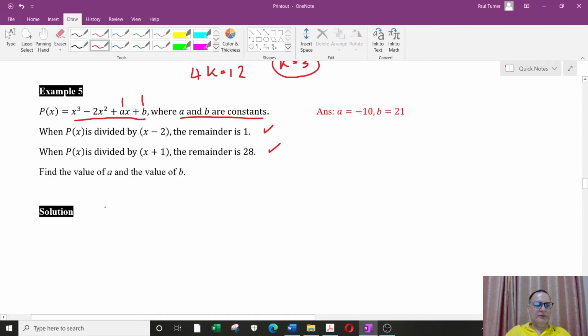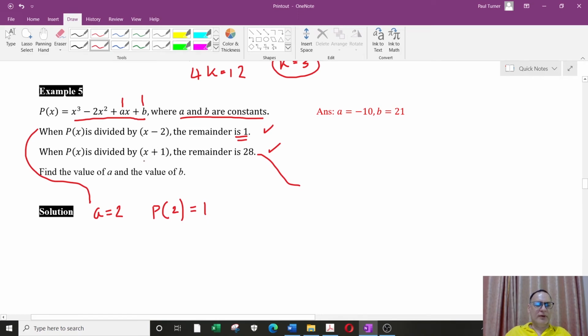So the first one here, the a value is 2, x minus a will equal 2. And it's telling us the remainder is 1. So that means that if you put 2 in your polynomial, you'll get 1 for the answer. For the second one, x plus 1.